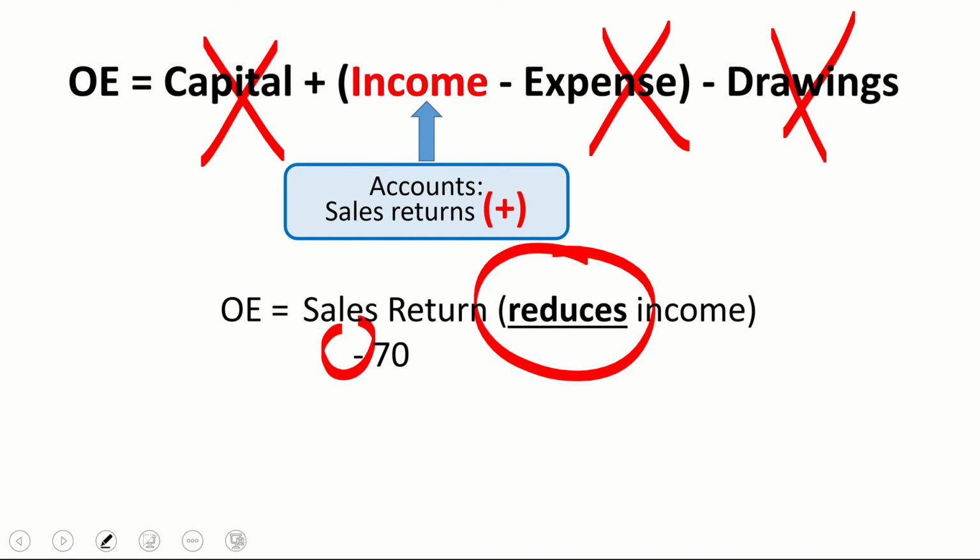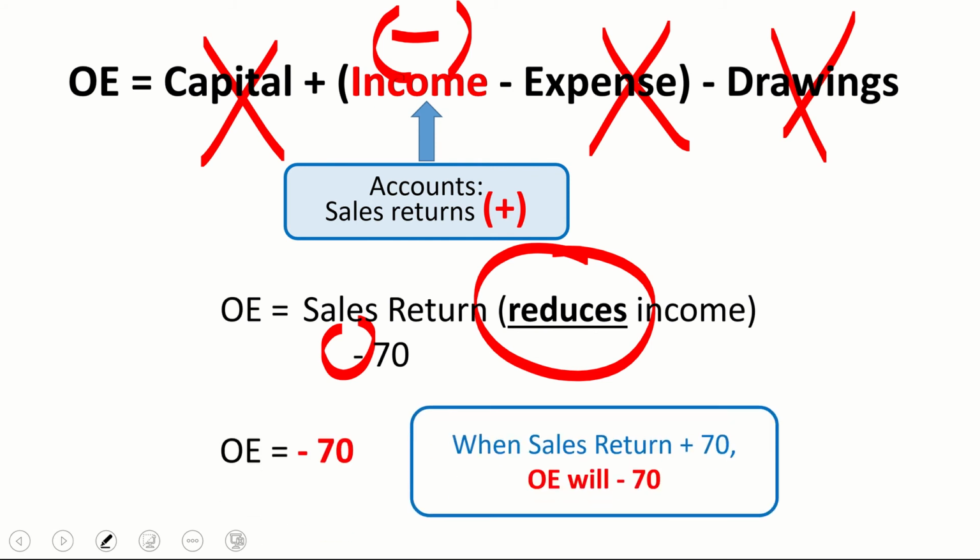So OE will minus $70 when there is an increase of sales return.